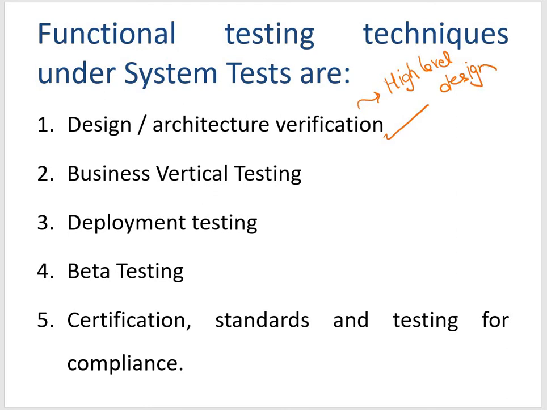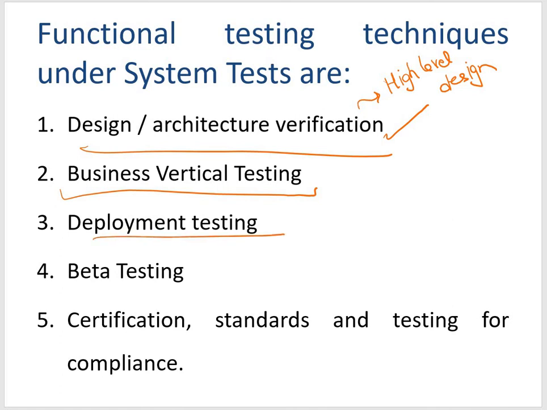Prior to your design documents, we come up with the architecture, and we get a blueprint, and we need to test this particular thing as well. Then we also need to go ahead with business vertical testing, for which I need to have the domain knowledge, and then we have deployment testing and beta testing. Then we have several certification standards and some testing for compliance.